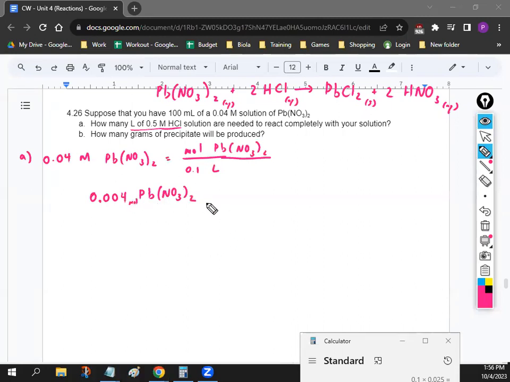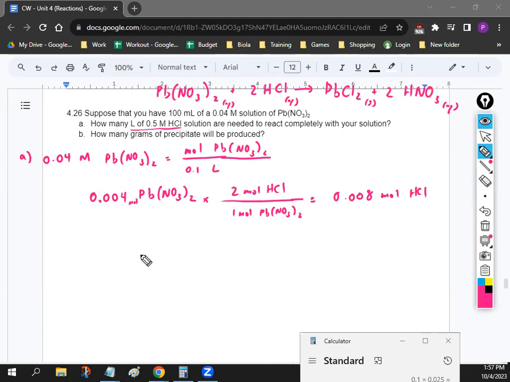So we're going to set up our fraction. You have 1 mole of lead nitrate for every 2 moles of HCl. So that's going to give you 0.008 moles of HCl.